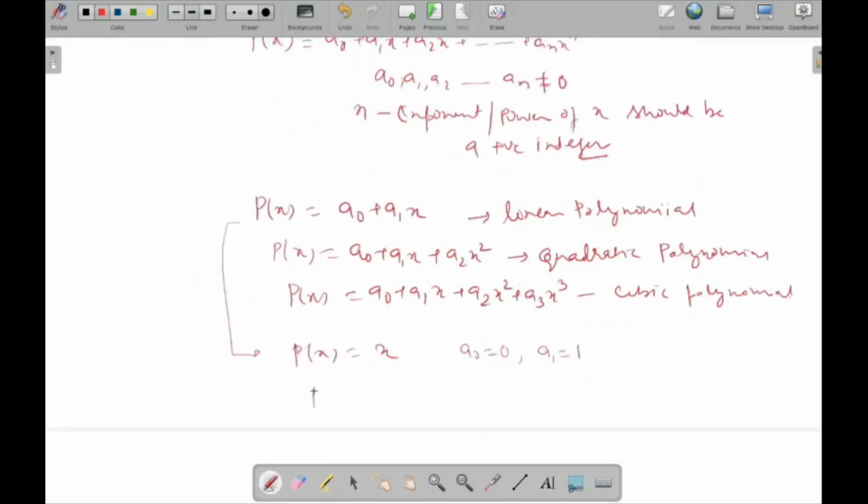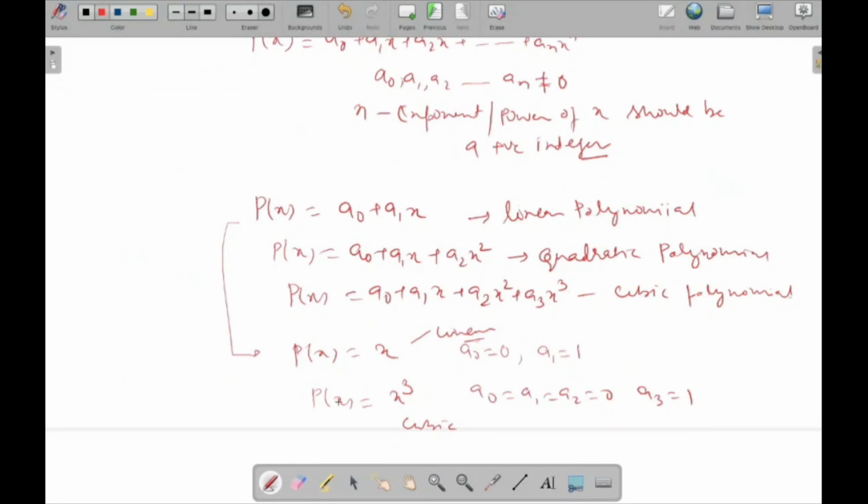Similarly, this will also be called a cubic polynomial, because the other terms a0, a1 and a2 are all 0 here, but a3 is 1. So this is going to be called a cubic, and this a linear. They still would be called polynomials.